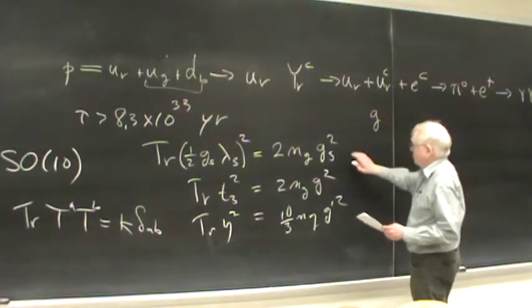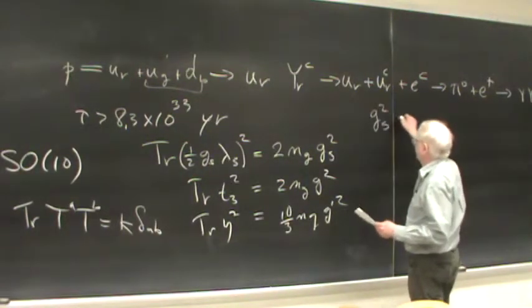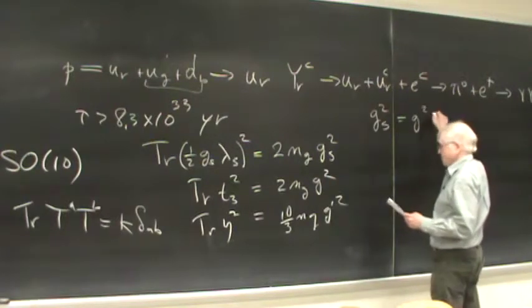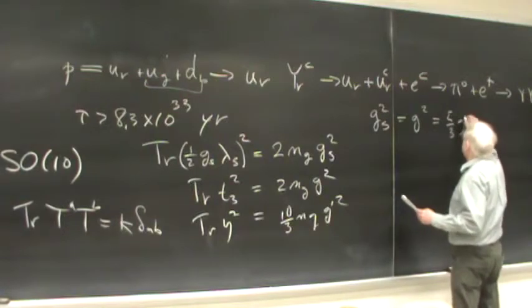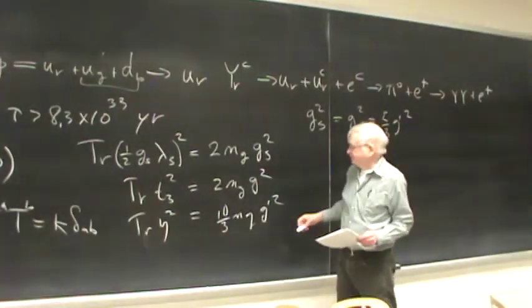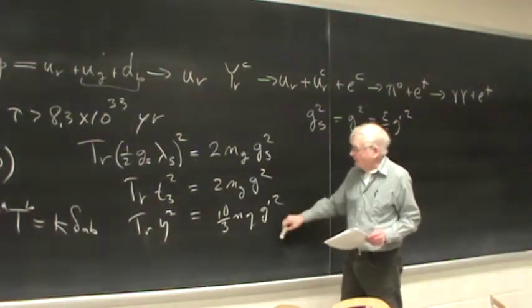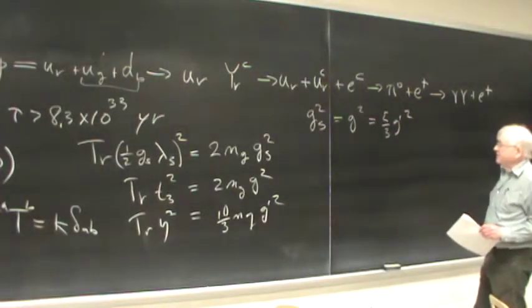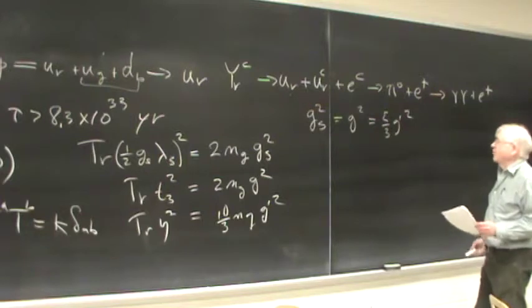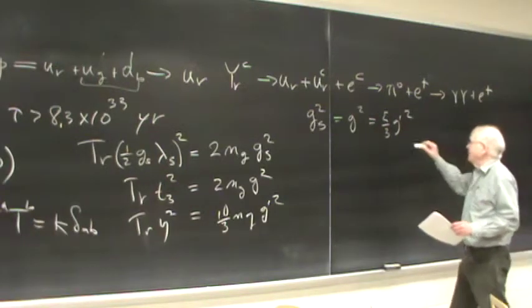Well, if it's all one coupling constant, then we'd have to have G_S squared equals G squared equals 5/3 G prime squared. That would be what we need for one coupling constant for a simple group.